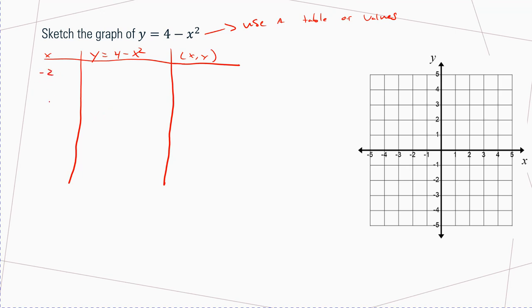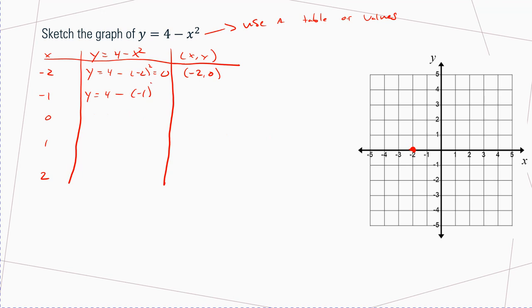So let's go -2, -1, 0, 1, and 2. All right, now be careful of this negative here. Okay, so this is y is equal to 4 minus, and then I'm plugging in -2 squared. Well, -2 squared is 4, right? And then 4 minus 4 gets me 0. So be very, very careful of those negatives here. Okay, so this is the point -2, 0, right there.